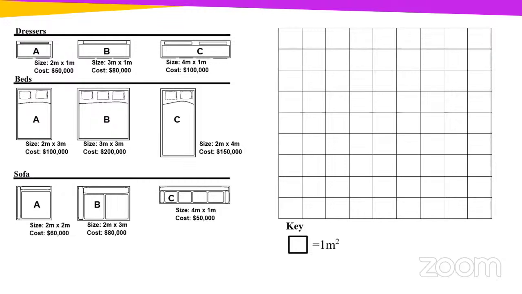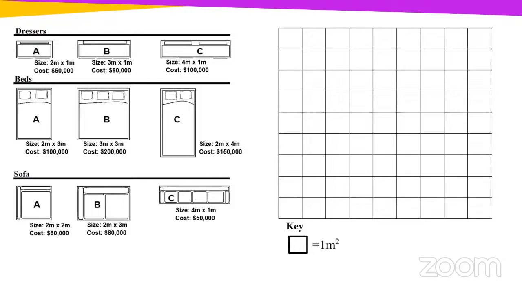Miss, 1 square meter means that the squares that you see inside the grid equal 1 meter, and you're supposed to draw the rectangle out of it, and then you start putting the furniture. All right, so we're going to be drawing our room on the grid, yes. But I wanted us to focus on the key that 1 square is equal to 1 squared meter.